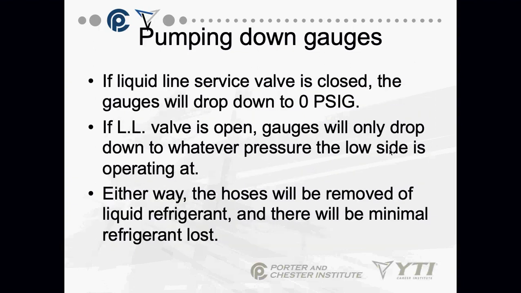If the liquid line is closed, the gauges will drop to very close to 0 psi if it's a refrigeration system, or 60 psi if it's an air conditioning system. It's going to drop to whatever the low side pressure is. And there's no liquid refrigerant left in those gauges.